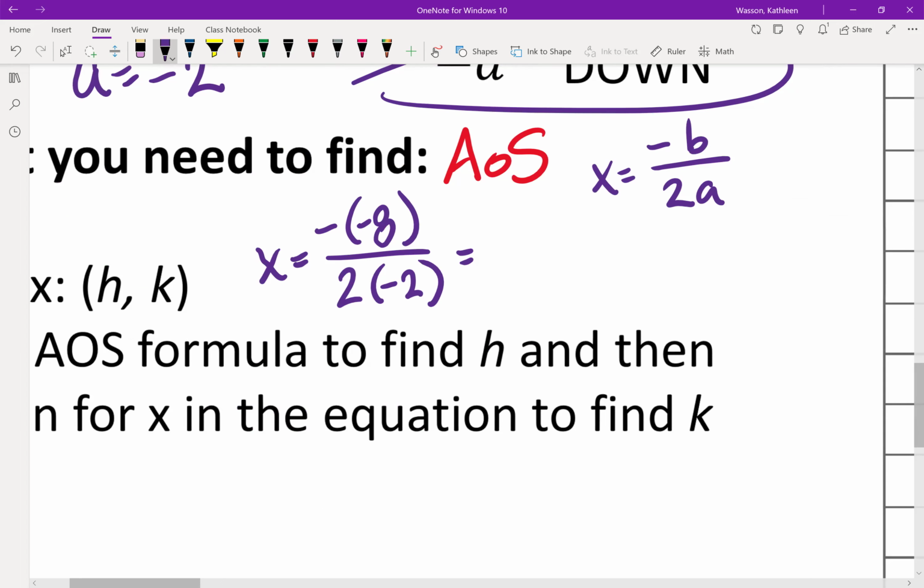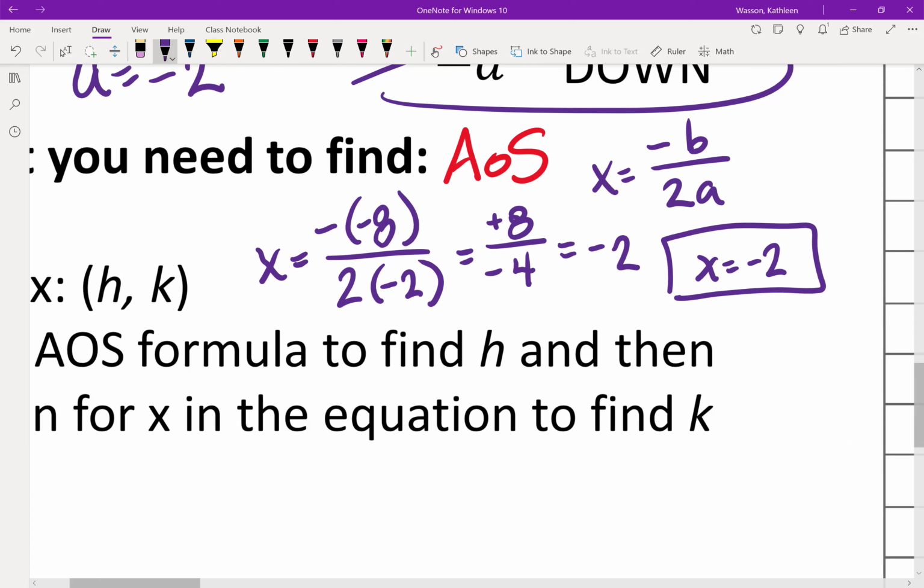Negative negative is positive. So I have +8 divided by 2 times -2, that'll be -4. 8 divided by -4 is -2. So my axis of symmetry is x equals -2.